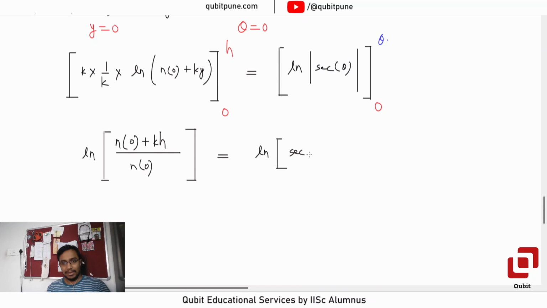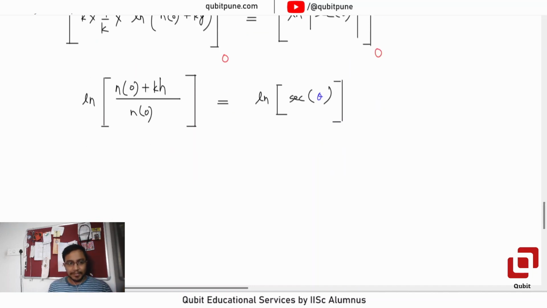Now why will it just be ln sec theta and why not that other term? Because we know sec 0 is 1 and ln 1 is 0. Now the way you simplify after this is very important. We can get rid of the log now because we know all terms are positive. So we can write it as nh upon n0 is equal to sec theta.